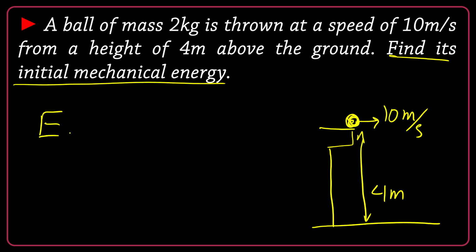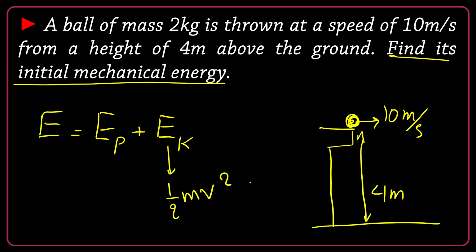Okay, the mechanical energy is going to be the potential energy plus kinetic energy. About the kinetic energy, it's clear it's half of mv squared. But about the potential energy, I should first specify the ground state. It's very usual in physics to take the ground state at the minimum level that the object can reach. When I threw the object, the bottom line for the height will be the ground.